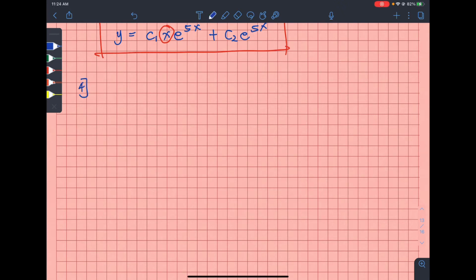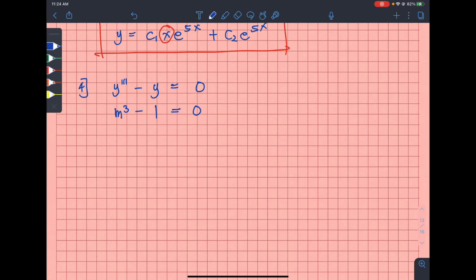So what if I have a third order, y triple prime minus y equals 0. So y triple prime is m cubed, then y would just be 1. So m cubed minus 1.